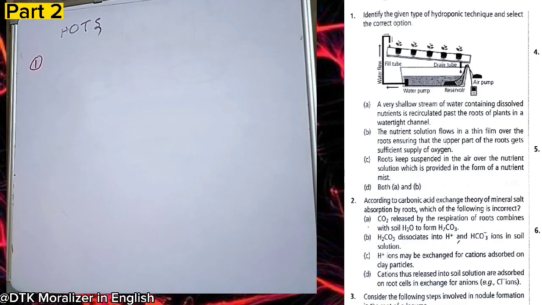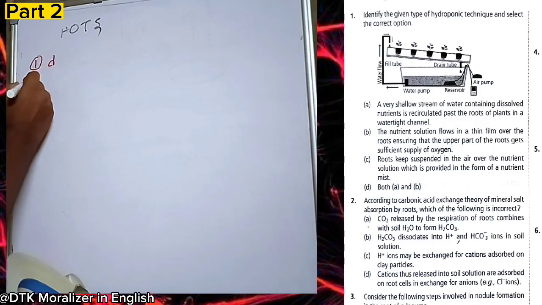Roots are kept suspended in the air over the nutrient solution, which is provided in the form of a nutrient mist. So here, option D is correct, both A and B.